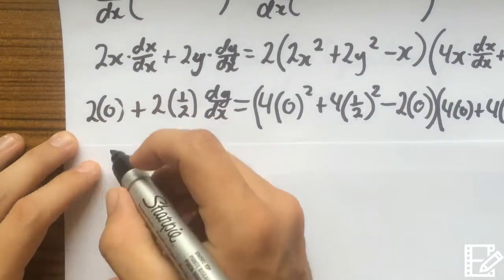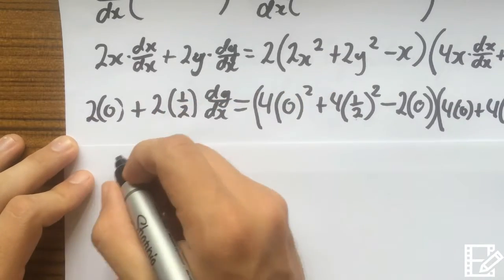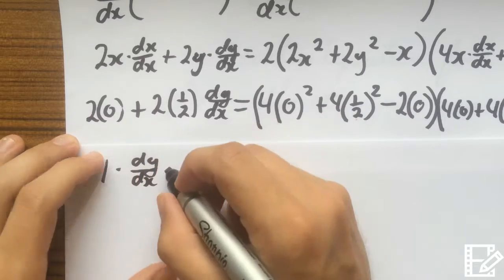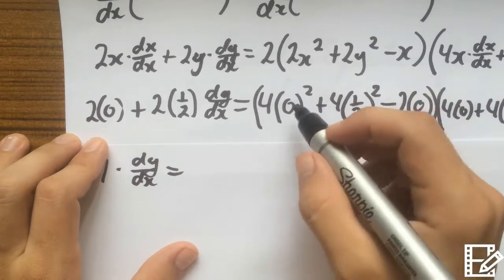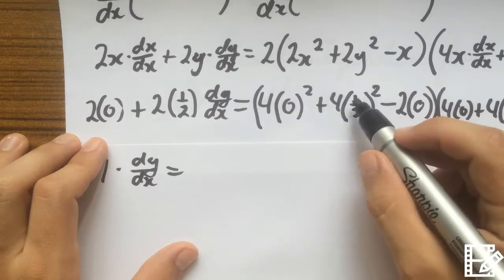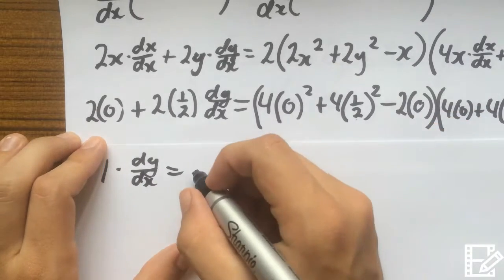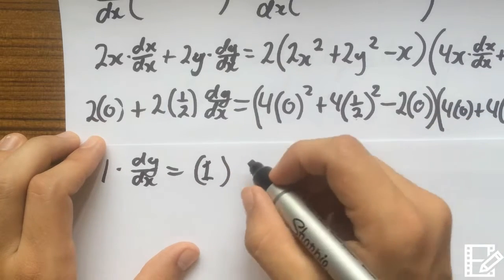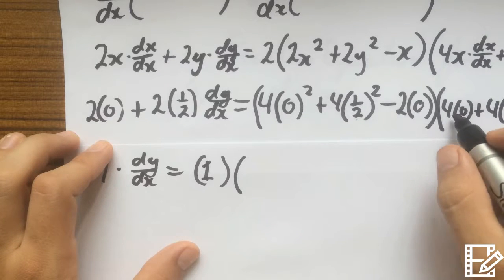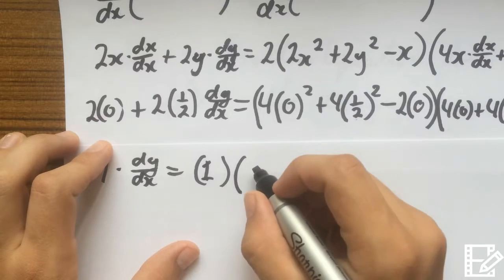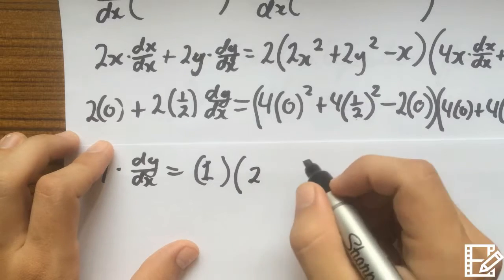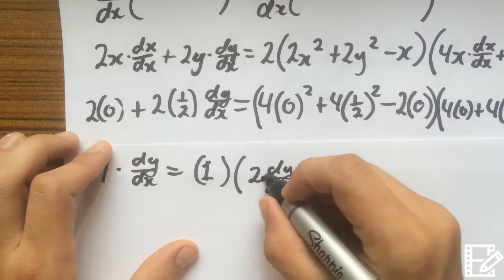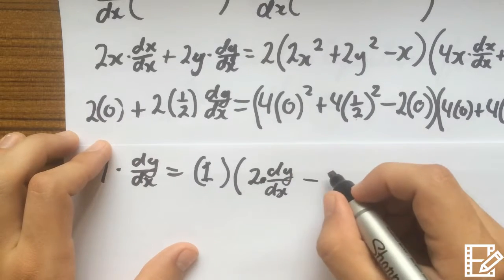That here simplifies, this is 0, this is going to be 1 times dy/dx equals 0. That's going to be a quarter. Quarter times 4 is 1. So it's going to be 1 for that, multiplied by whatever's in here, which would be 0. Half of 4 is 2 dy/dx. And then minus 1.